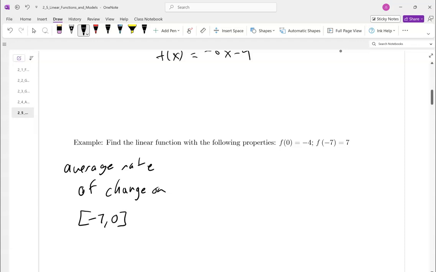What if I asked you that question based on those function values? Not even worried about whether or not it's a linear function. Literally, if I give you f of 0 is -4 and f of -7 is 7, what would be the average rate of change? How would you compute it?